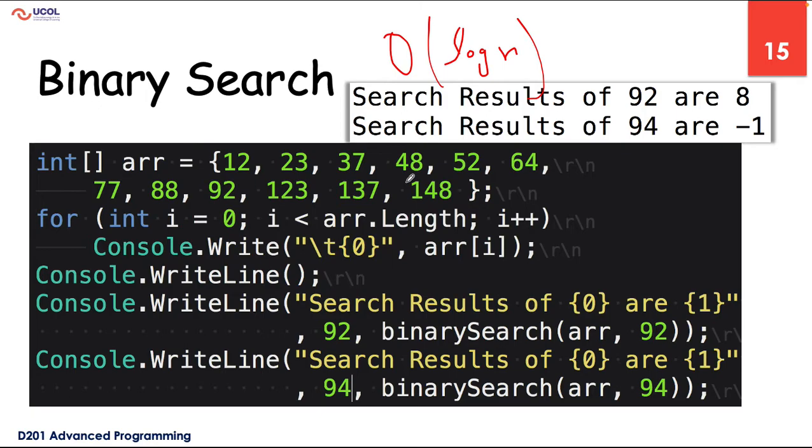How this algorithmic complexity is log of n: we are starting with n, and every time, based on that comparison, we are going either to the left side or the right side, but the size of the problem is again dividing into n by 2.